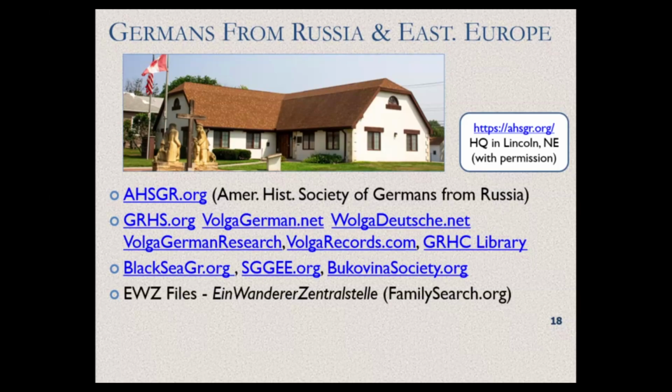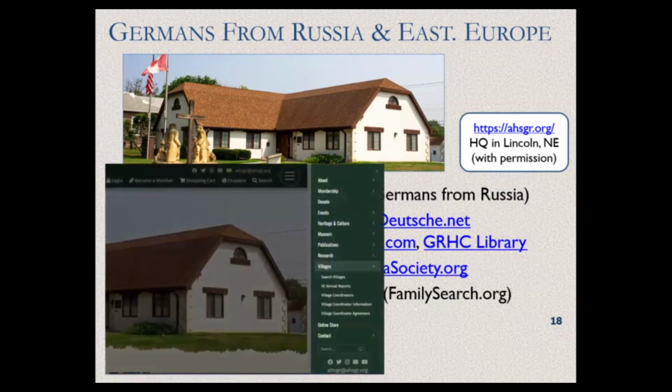You can see again that compound word: Ein, like a or one, Wanderer, like in English, wander, right? Somebody, a traveler. And Zentral, like centrum, like central. And Stelle means like unit. So from those three, it is those EWZ files, you can find them on that website.